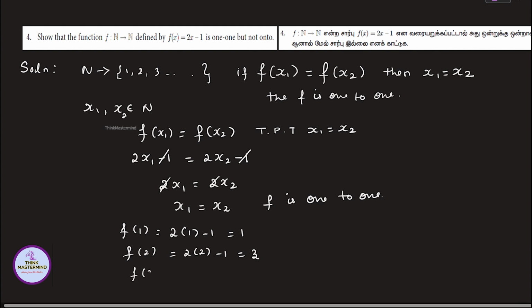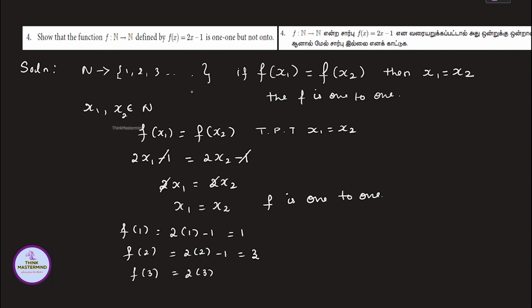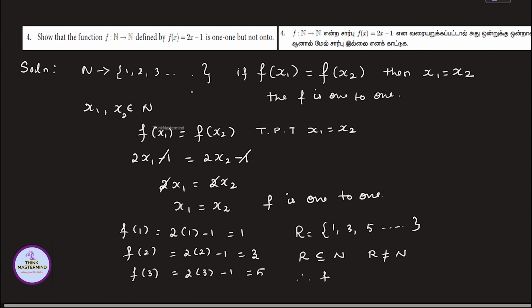Similarly, f of 3 is equal to 2 times 3 minus 1, that is 5. So your range becomes 1, 3, 5, etc. So the range R is a subset of N. So it is not equal to the natural numbers N, where N is the codomain. Therefore, the function is not onto.